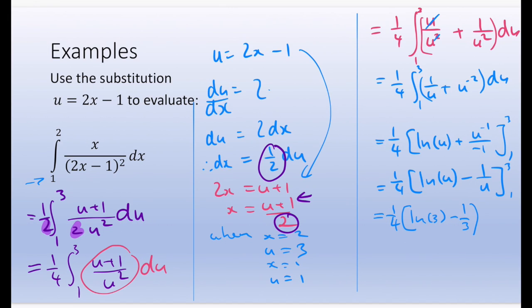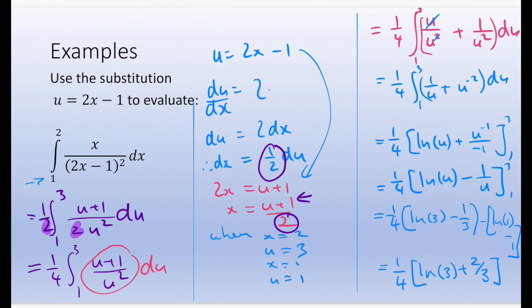And then we go minus log of 1, which we know that log of 1 is 0, minus 1. And we end up getting an answer that looks a little bit like this. This is about as pretty as we're going to make it. Log 3 plus 2 over 3.